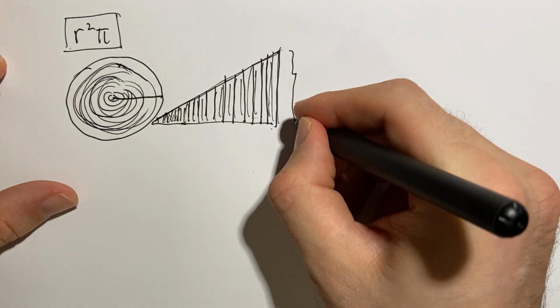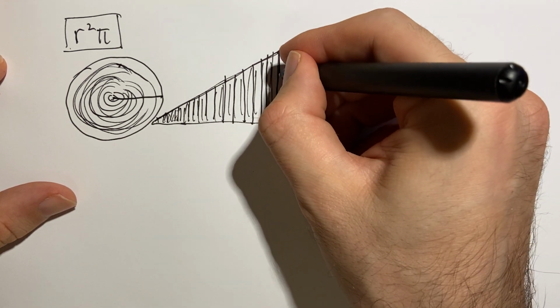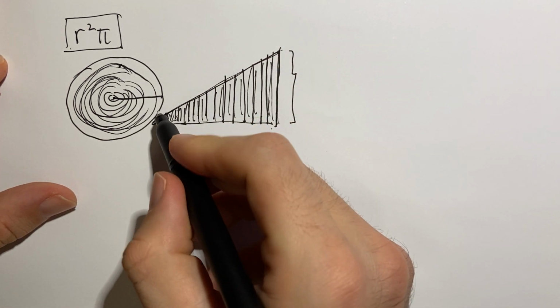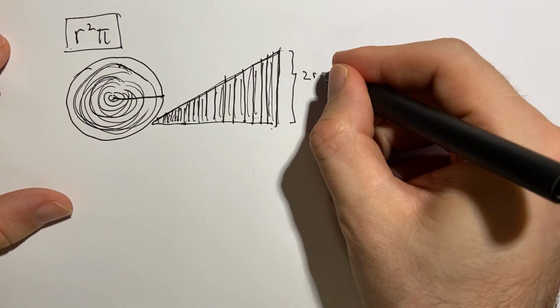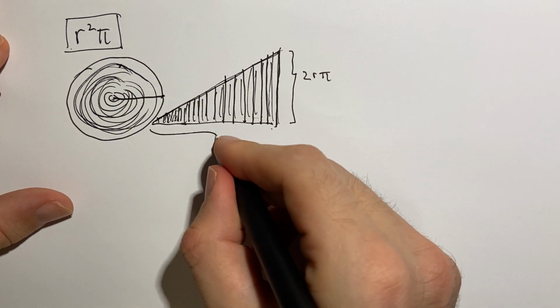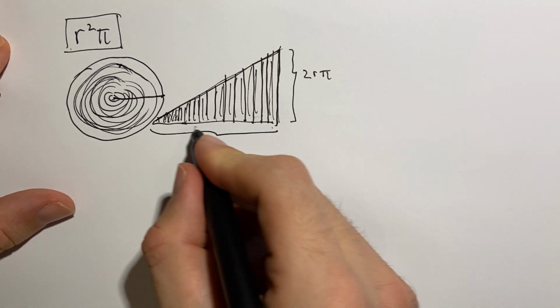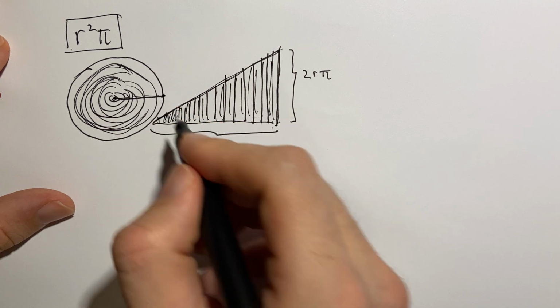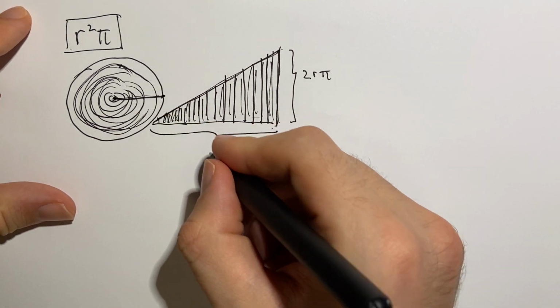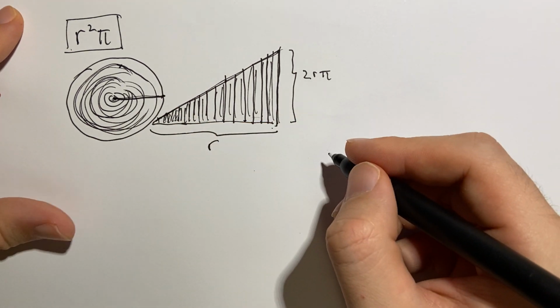We have the height, which is the length of the longest of these strings, which is the periphery of the circle. So it's 2r pi. Then we have the base, which would be the cut that we made from the center to the periphery of the circle. That in turn is r.